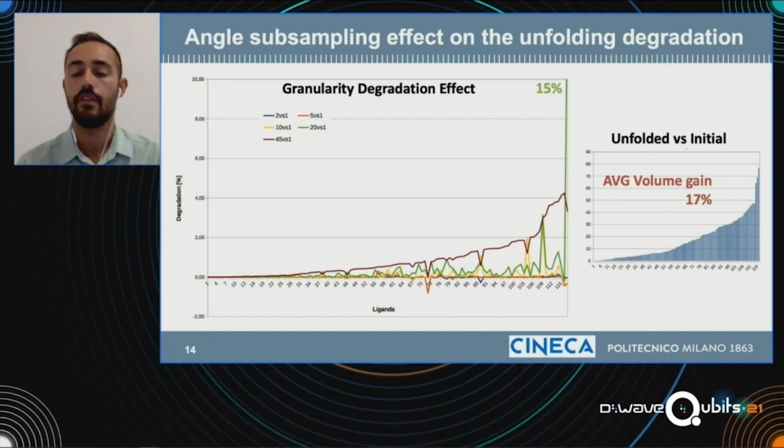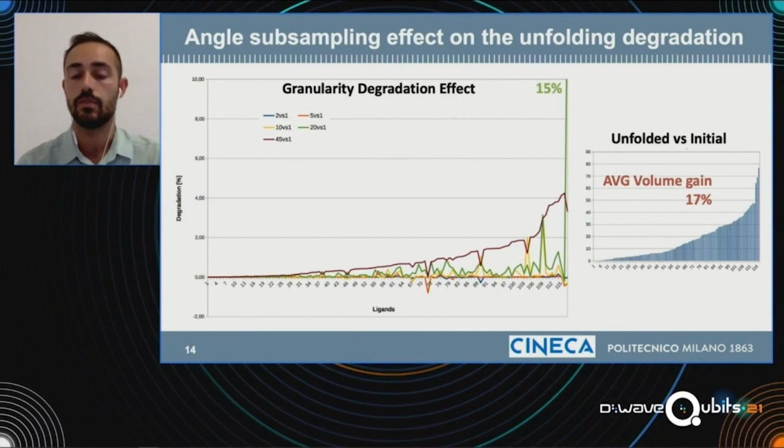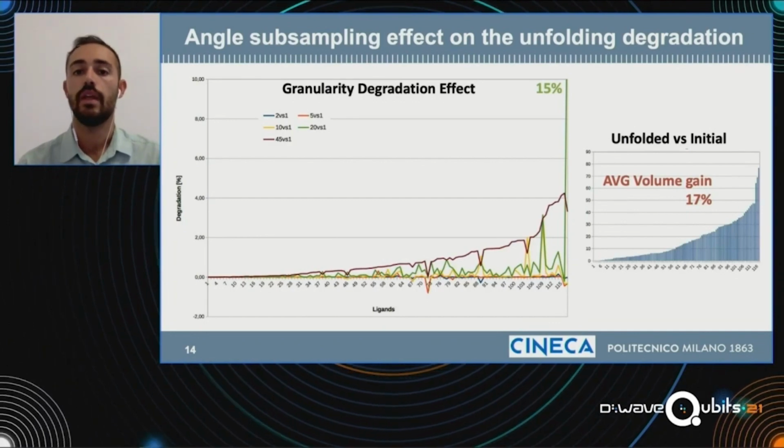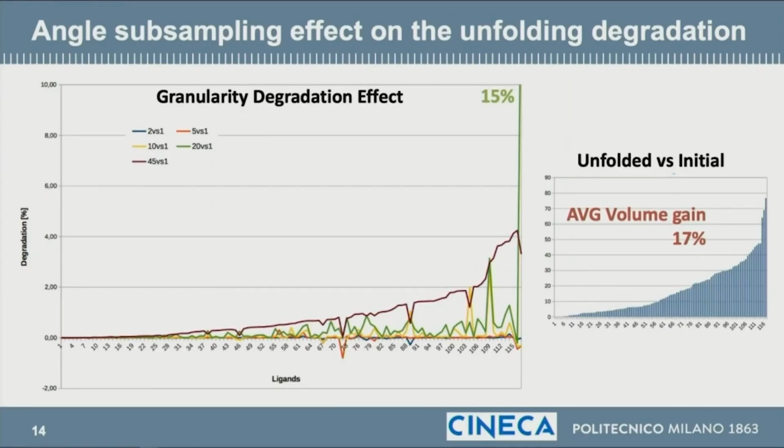And if you look at the plot on the right, on average we got a volume gain of 70% using the 45-degree granularity versus the situation where you do not consider the unfolded configuration, but an initial folded random configuration of the ends.